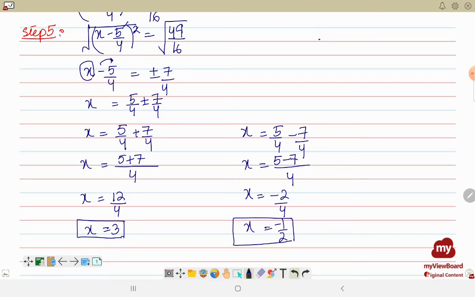Since it's a second degree equation, a quadratic equation, in which the highest power of the variable is 2, we got two answers. So at the end we have to write down the solution set. We'll write it in brackets: minus 1 by 2 comma 3, bracket close. So you see, this is the answer.